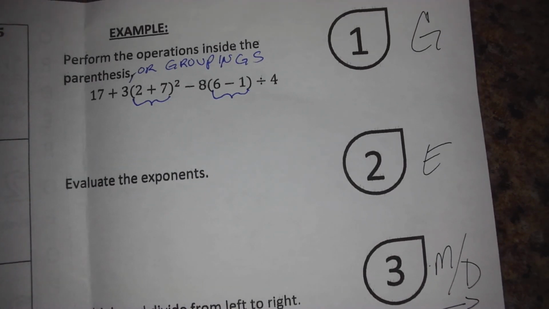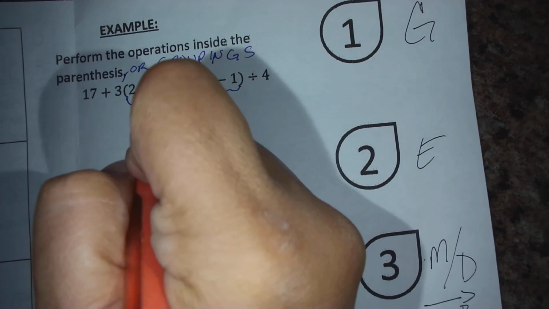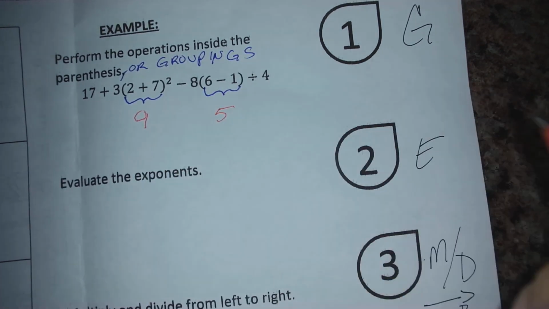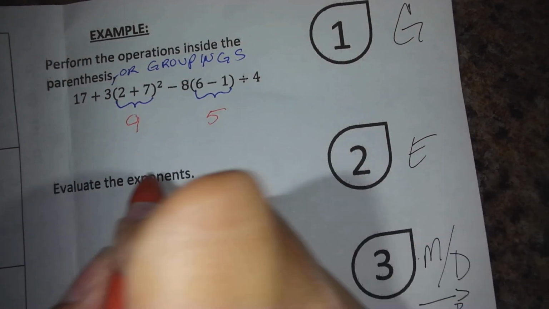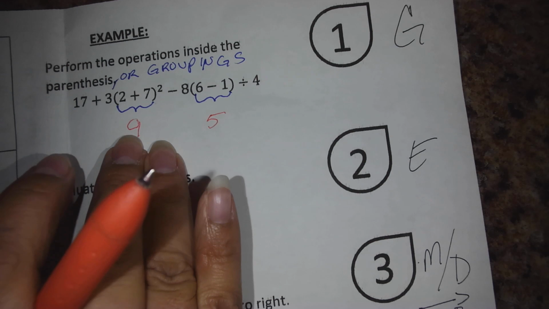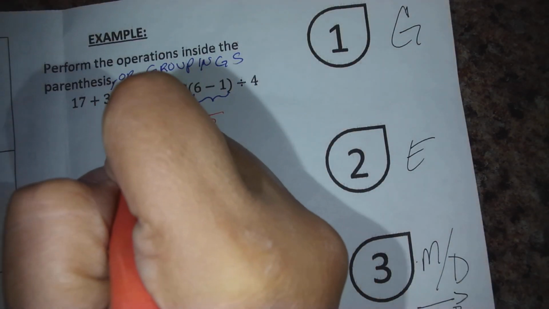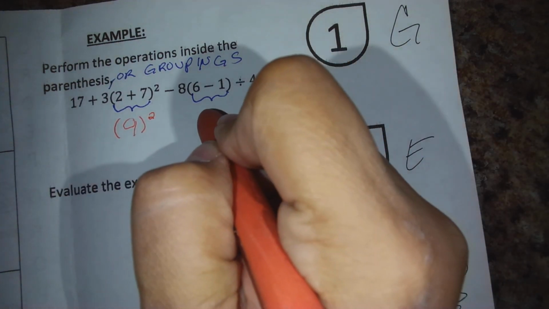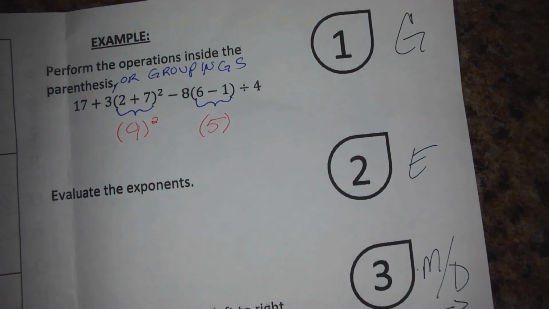So let's go ahead and start this. 2 plus 7 is 9. And then 6 minus 1 is 5. We're going to copy everything else, but we're going to go from the inside of the parentheses out. So this has a squared. We need to make sure we write that. This does not have an exponent. It's still good.